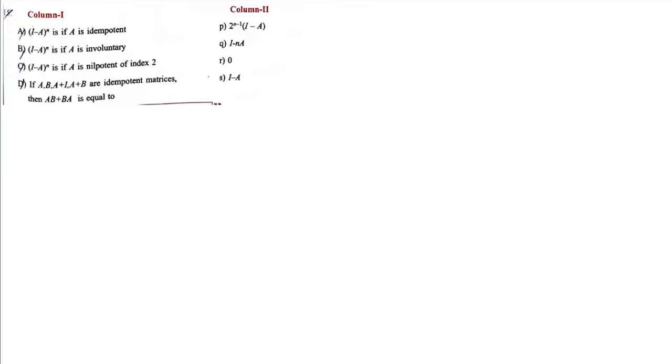Now this is a matching question. Now the first one is if A is idempotent. Now idempotent is when A square equals A, and if A square equals A, then A to the power n equals A for any n greater than or equal to 1.